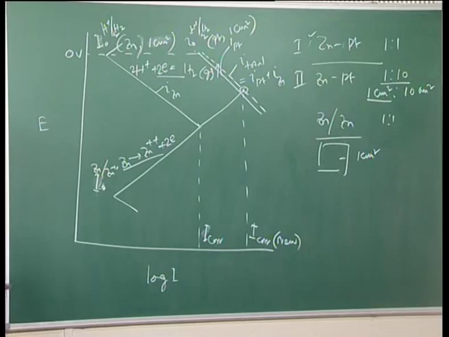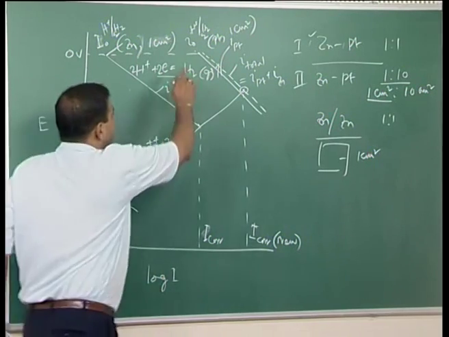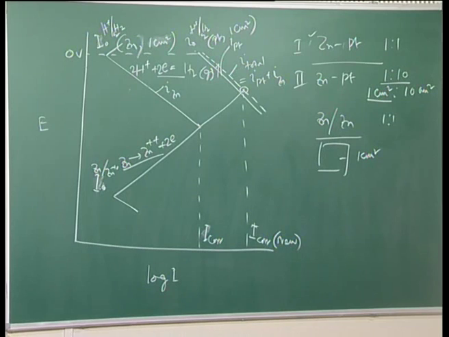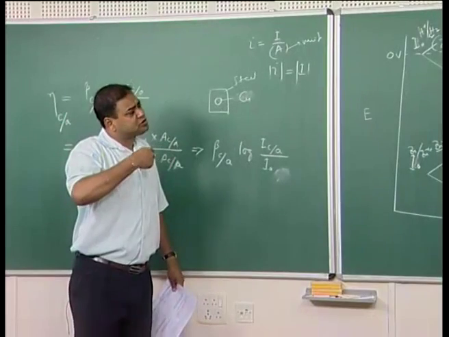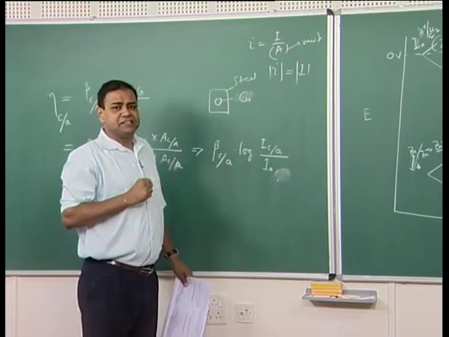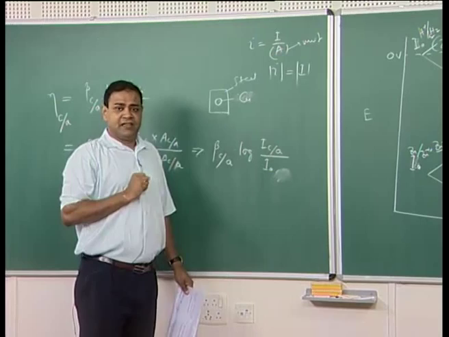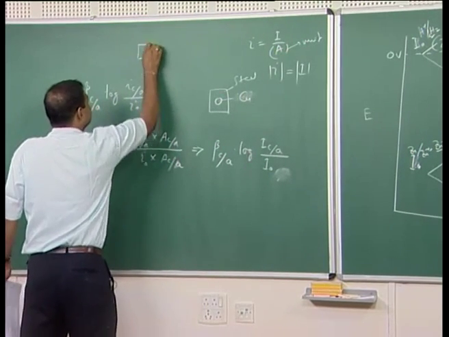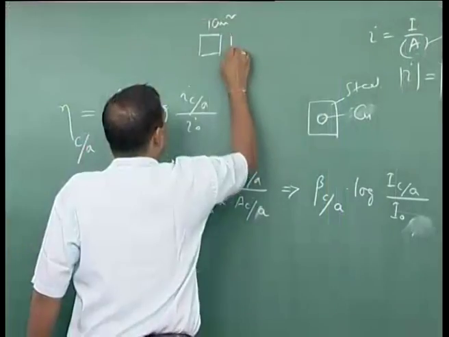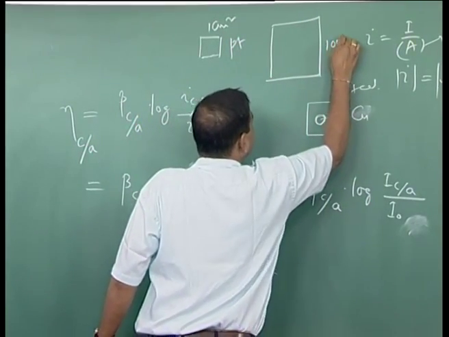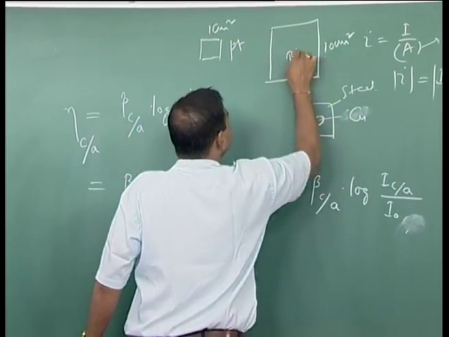So, let us say the platinum quality is not changing, the same sort of platinum plate of the same quality is used, and also the solution is the same. So more or less the exchange current density on platinum does not change. Let us say this is 1 centimeter square area platinum, and this is 10 centimeter square area platinum.